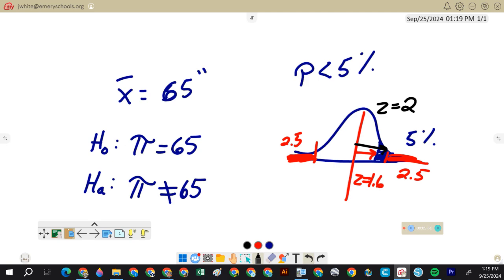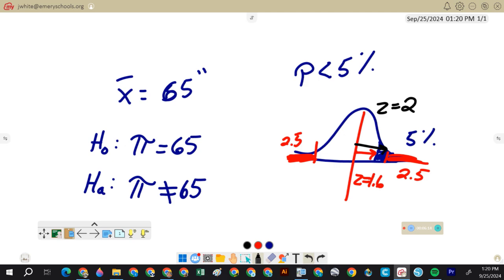If there is something about the problem that makes it sound like it's going to be less than, then go ahead and do a one-tailed test. For instance, you're worried that people are becoming shorter. Is that going to be a one-tailed test or a two-tailed test? One-tailed. Because you are worried that it's going to be less than. Okay?